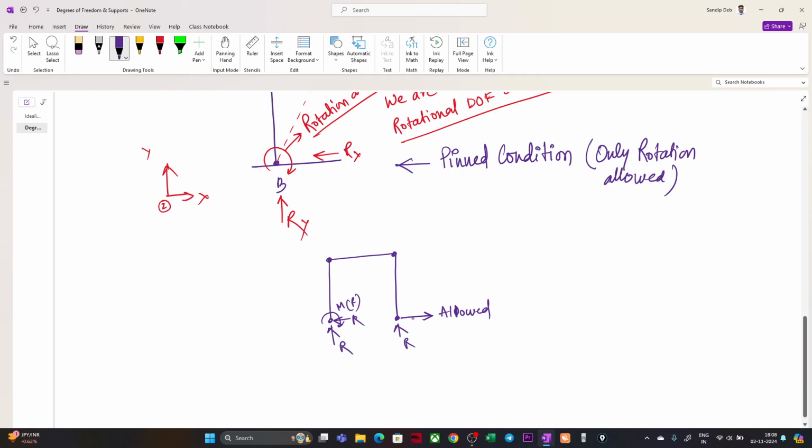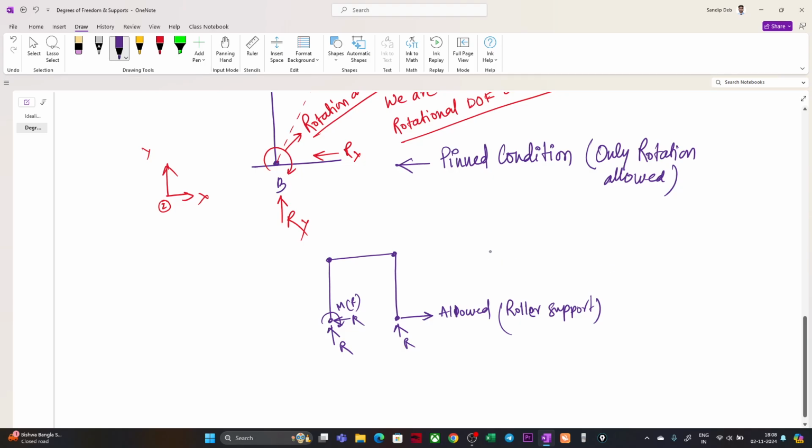So when you allow the joint to translate along a particular direction, we call it a roller support, because it can roll along that particular direction.